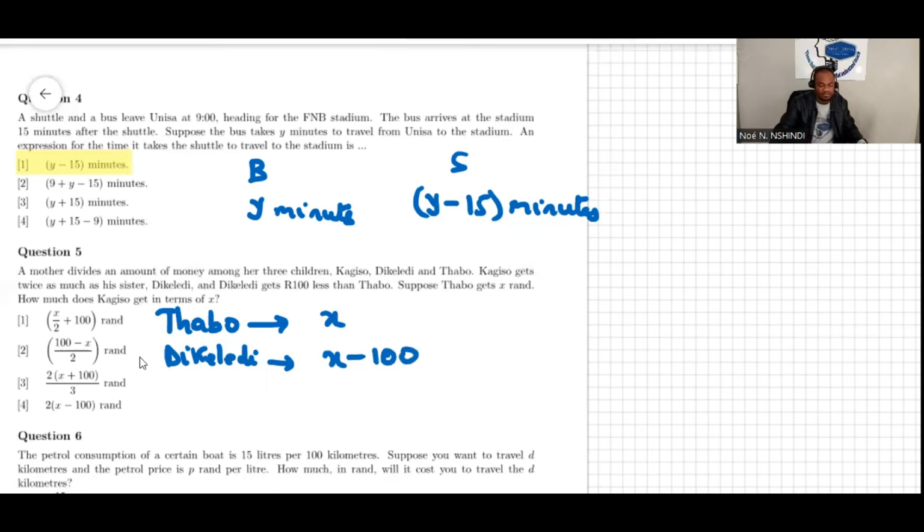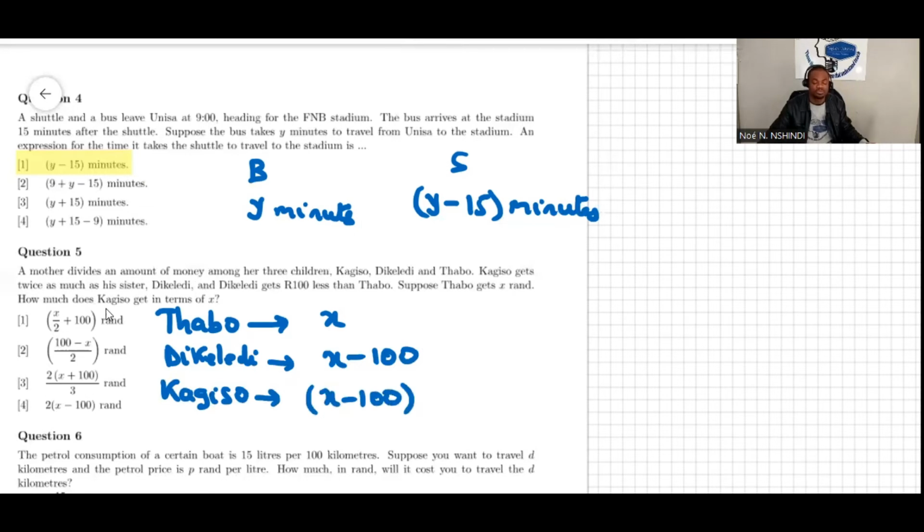And then before Dikeledi, it says that Kagiso gets twice as much as his sister Dikeledi. So whatever Dikeledi had, Kagiso gets twice, double of it, okay? That's the meaning of twice. So Kagiso gets twice as much as Dikeledi had, because Dikeledi had X minus 100.